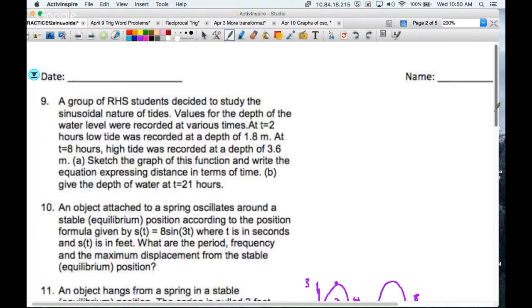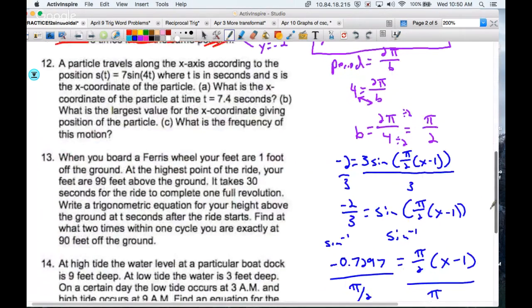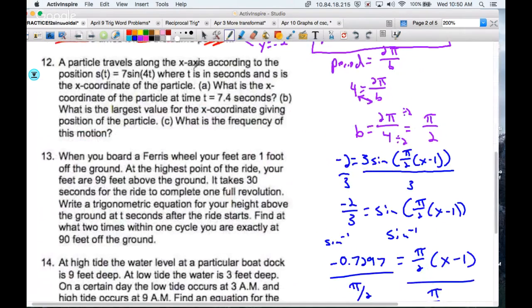All right. So sorry I forgot to do that. On to question 2. This one just asks us to plug in 7.4 for t and then solve for its x position. I'll show that with my on-screen calculator. Let me pull that up.